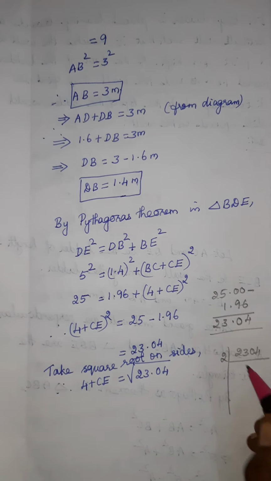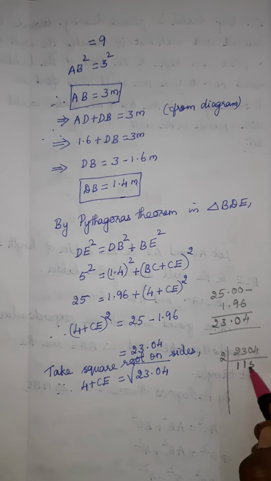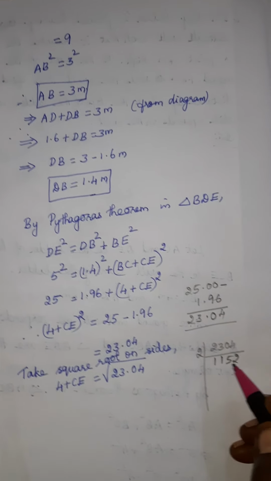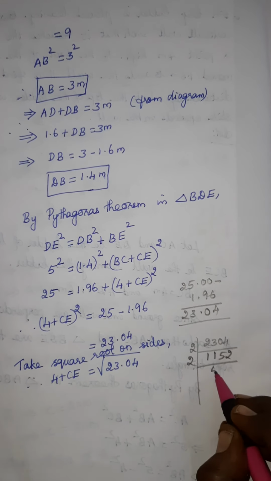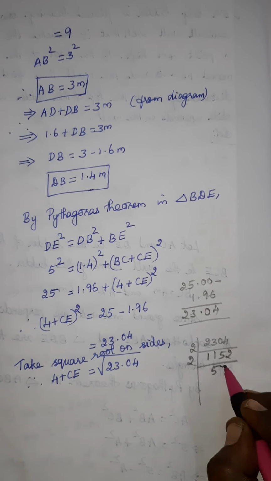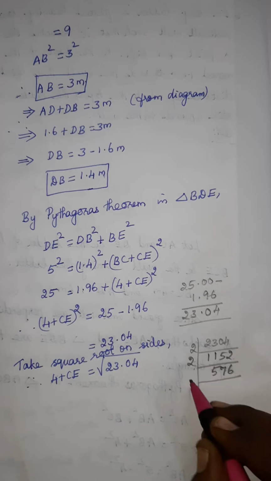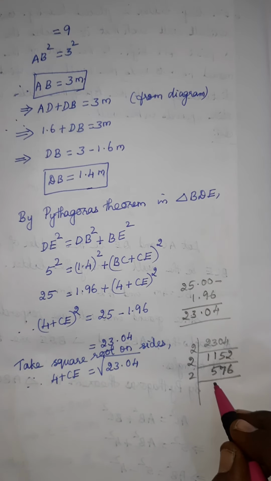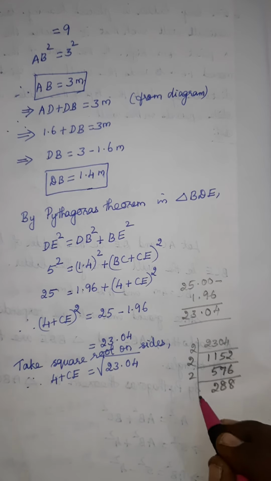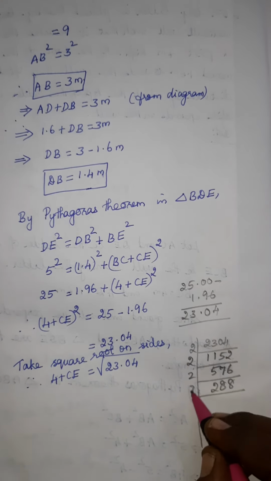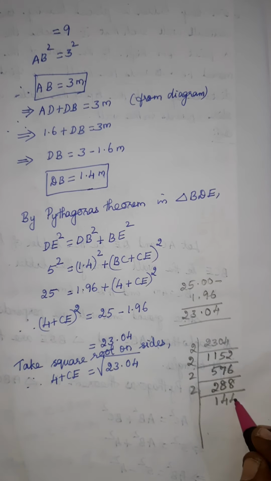Using 2: 1 2 is 2, 1 2 is 2, 5 2s are 10, 2 2s are 4. Again, since it is an even number, using 2: 5 2s are 10, 7 2s are 14, 6 2s are 12. Again using 2: 2 2s are 4, 8 2s are 16, 8 2s are 16. Again using 2: 1 2 is 2, 4 2s are 8, 4 2s are 8.